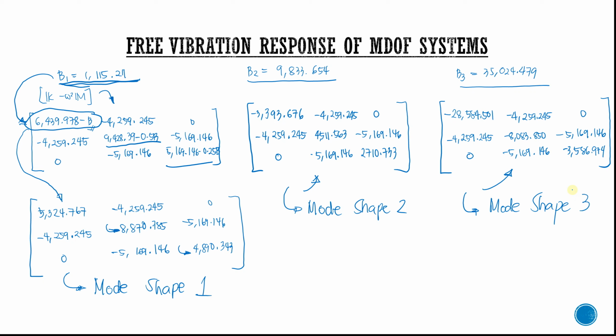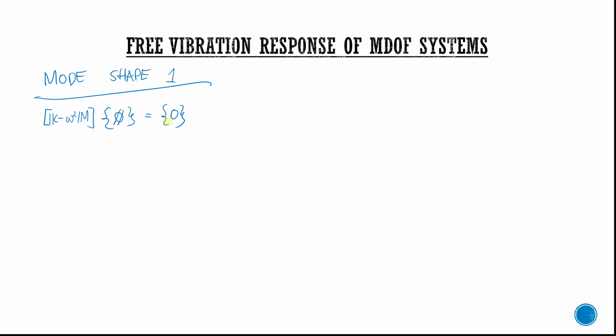Okay, then let's start calculating the mode shape factors for the story. Let's start with the mode shape 1. Now, in order to solve the mode shape factors, we need to make this in this form. We have the stiffness matrix minus the omega squared times the mass matrix, and we have our mode shape vector is equal to the null vector.